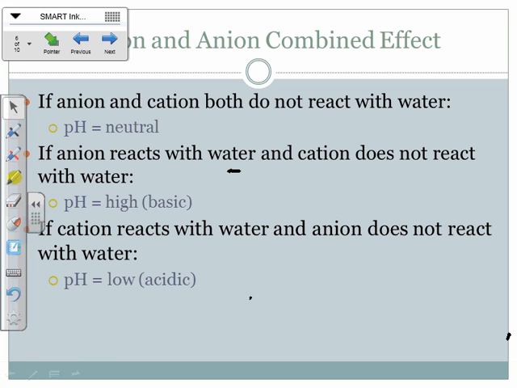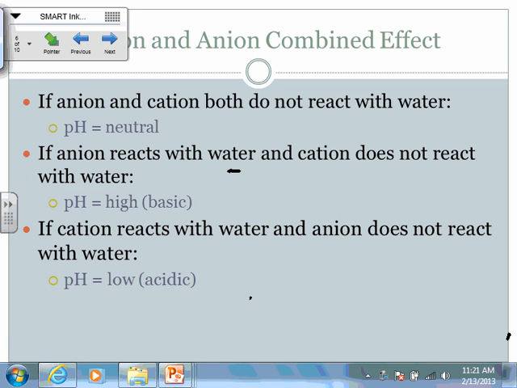Alright, now we're going to try and predict the pH when we put these salts into water. So you have to think about a few different scenarios that could happen. If you've got the anion and the cation, and both of them are unreactive with water, that's a neutral pH because they're not producing any H plus or any OH minus.